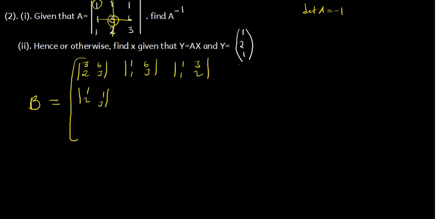We are going to write it there. So that is 1 1 1 3. Then we go to this one here, cancel out the row and the column, remain with 1 1 1 2. So put it here, 1 1 1 2.